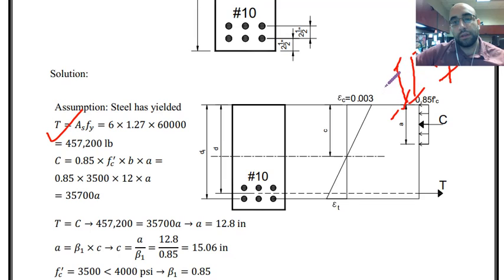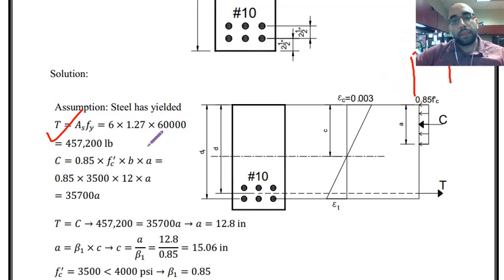This is a, and this is b. And this region is the region where compressive stress is applied. Depth of it is a, width of it is b. The amount of stress is 0.85 f'c. That's why when we want to calculate compressive force, we have this equation.